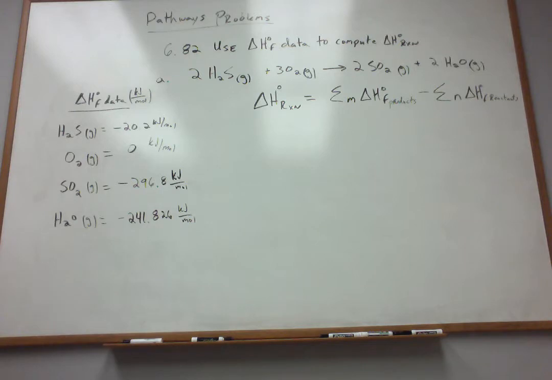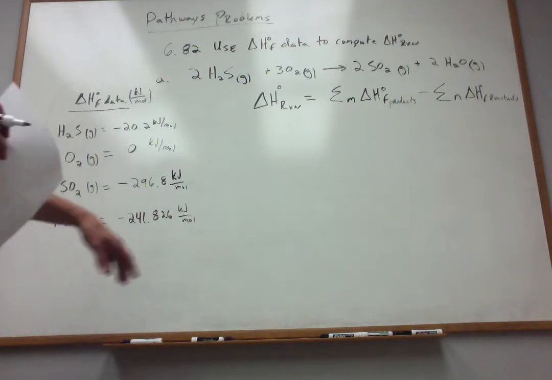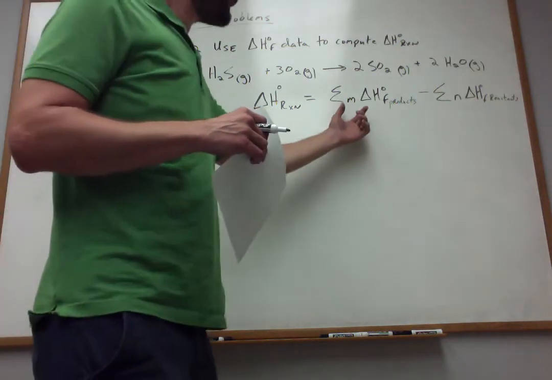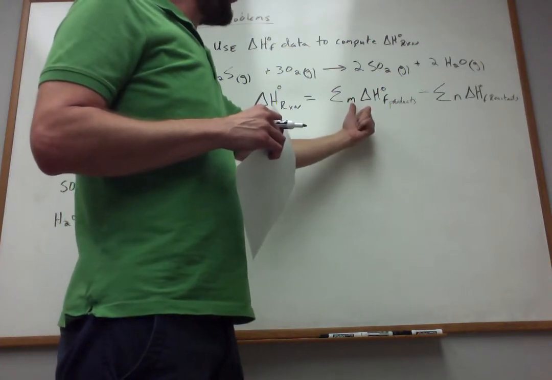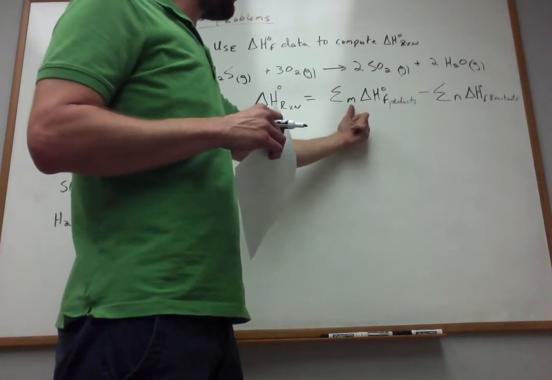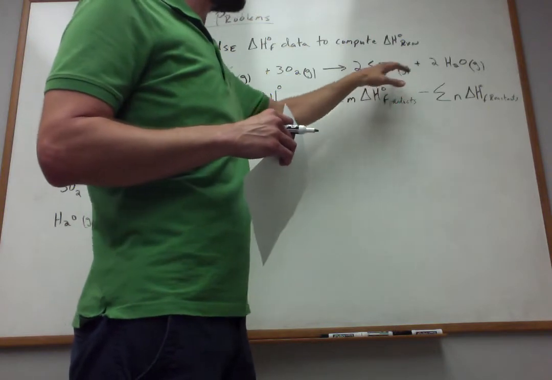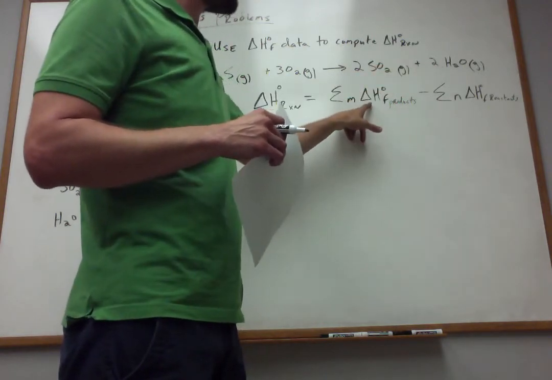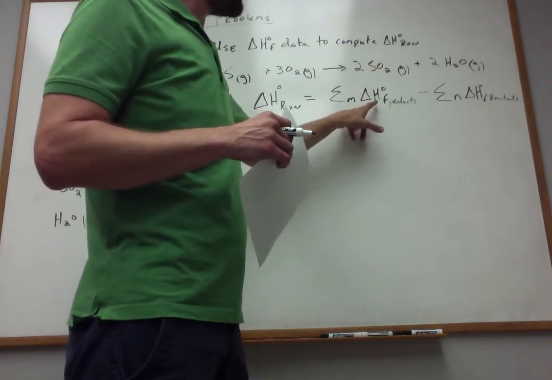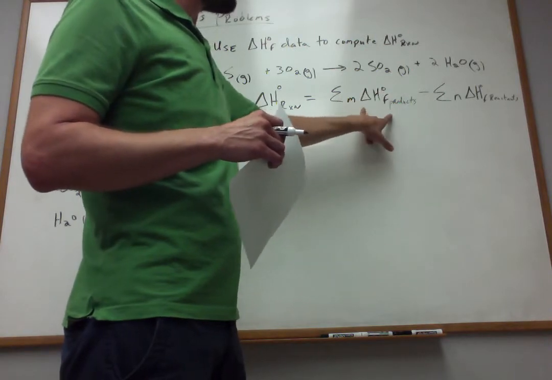If we look at the law closely, it's telling us to add up, or sum, the product of m, which is the stoichiometric coefficient of our products, here it's a 2 and a 2, multiplied times the delta HF0 of the products, okay?